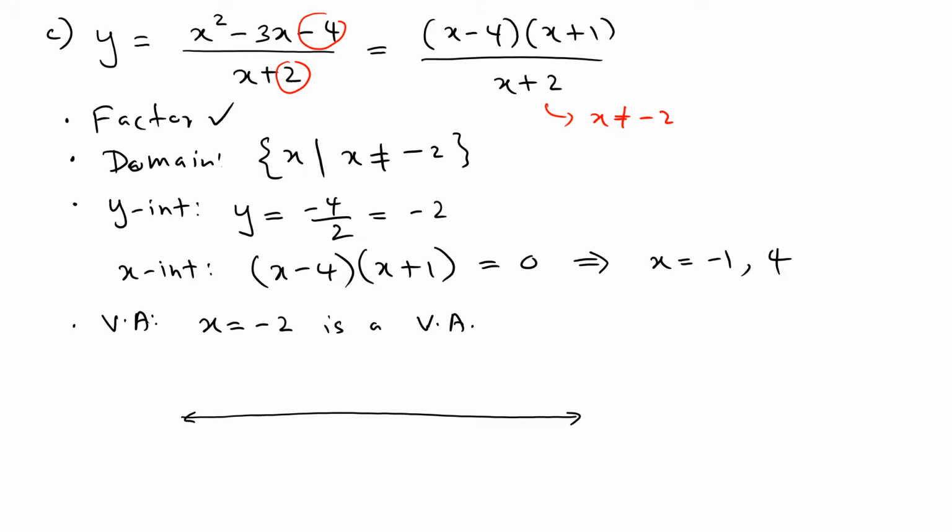So we have -2, which is a vertical asymptote, and then we have -1 and 4 as zeros. We're going to check the sign around the vertical asymptote and between zeros. So we only need to check two this time.